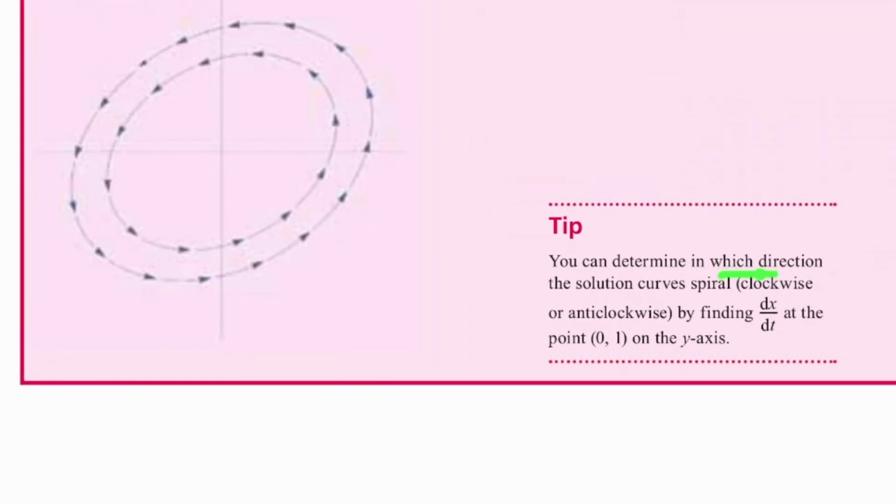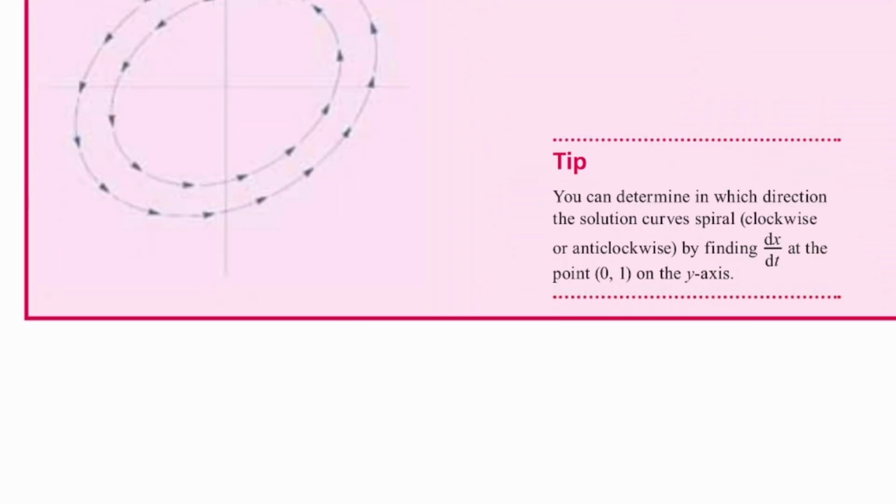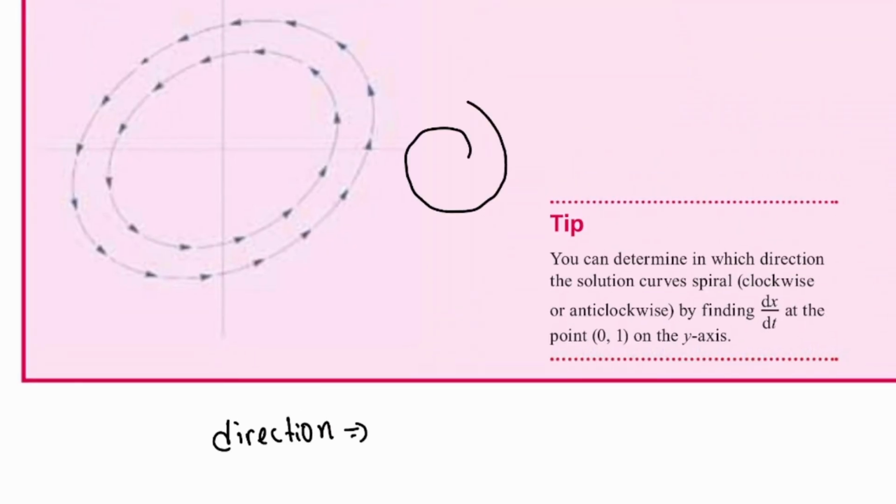You can determine in which direction the solution curves spiral, clockwise or anti-clockwise, by finding dx/dt. This is the rule. Direction, which is this way or the other way around, right? How we can find this direction? By finding the derivative of dx/dt at the point 0, 1.